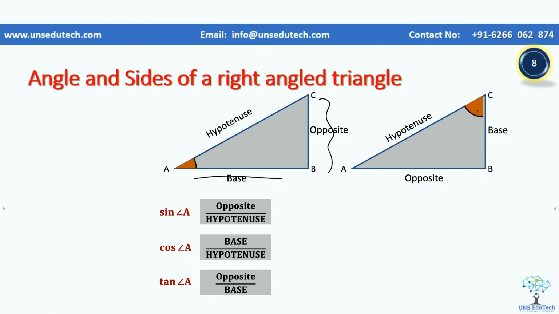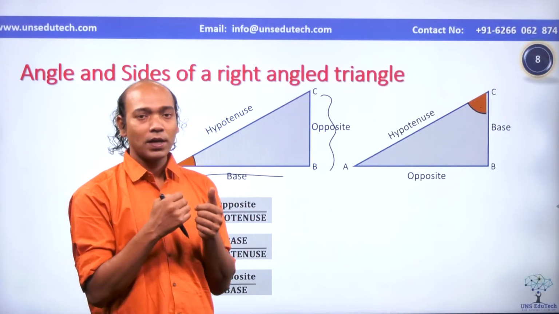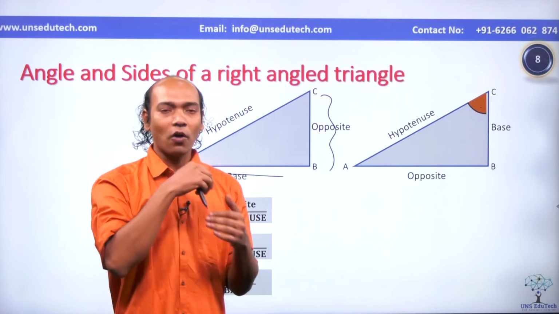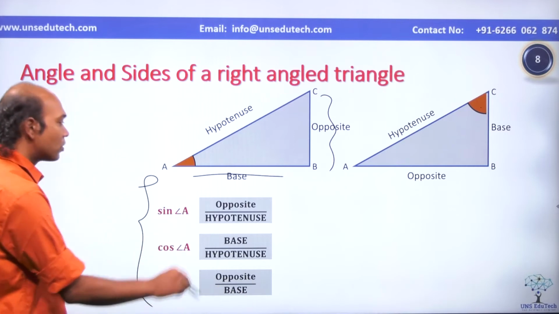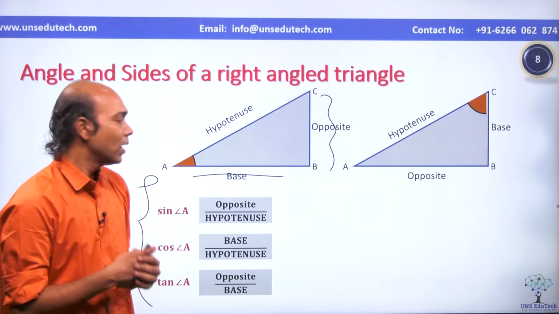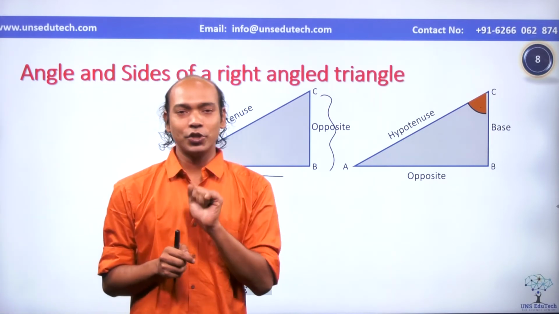For sine A, we have opposite by hypotenuse. For cos A, it is base by hypotenuse. And for tan of any angle, it is opposite by base. Just remember these formulas. This is the basics of the trigonometric definitions. Now, at the beginning we said there are 6 ratios.